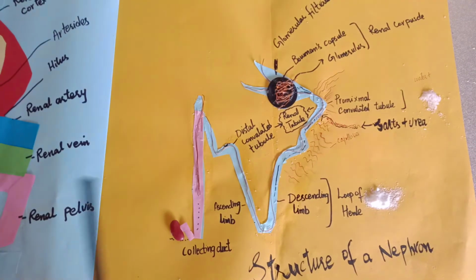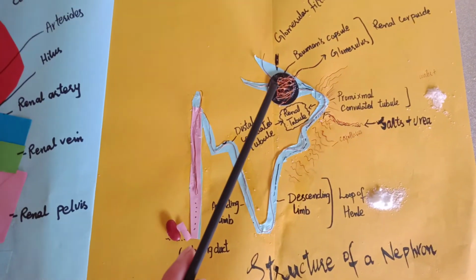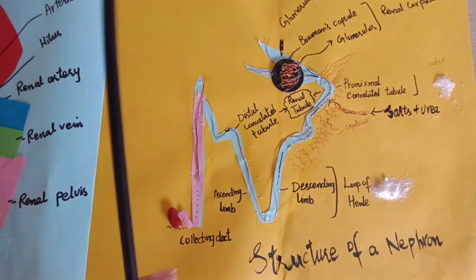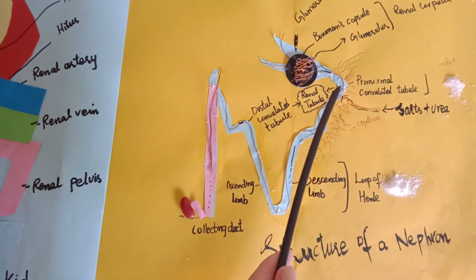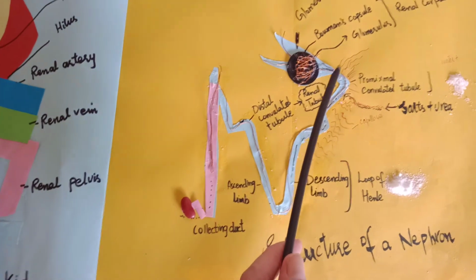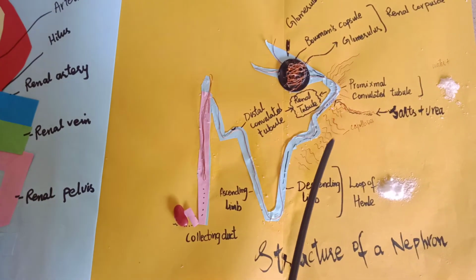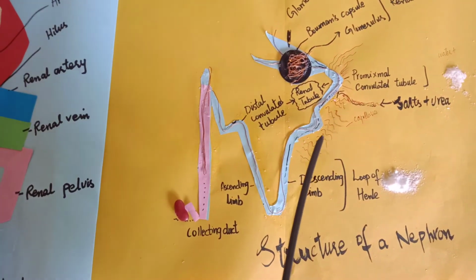Many useful materials are reabsorbed from this glomerular filtrate into the blood capillaries that are surrounding this renal tubule. These are red capillaries.